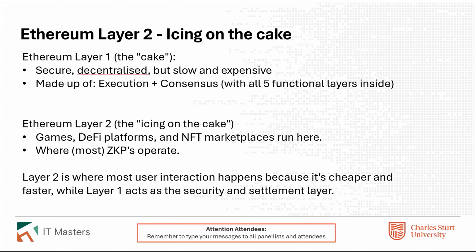So, and this is important because this is where most, and I'm not going to say all, zero knowledge proofs operate as well. So layer 2, I've written there, is where most user interactions happen because it's the cheapest and the fastest.